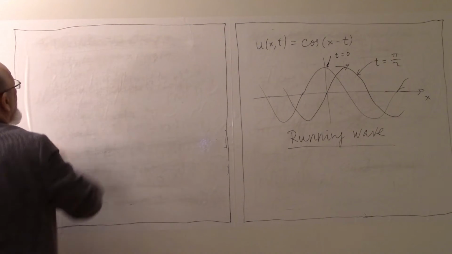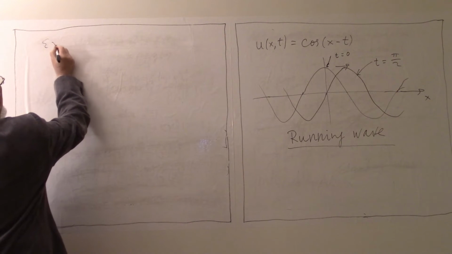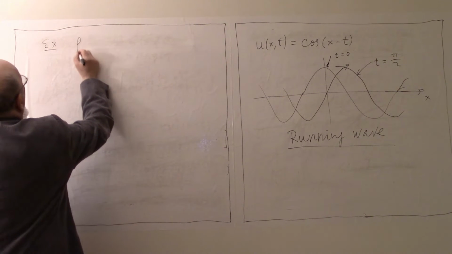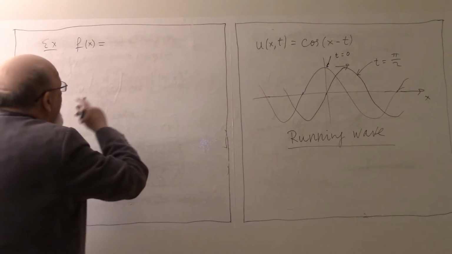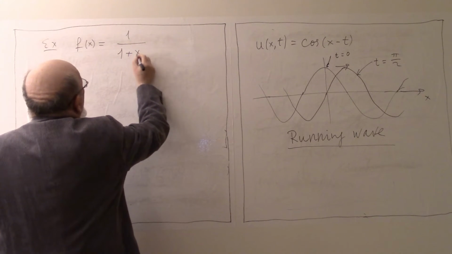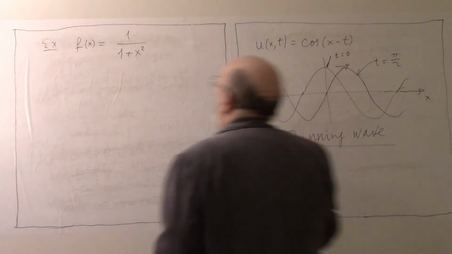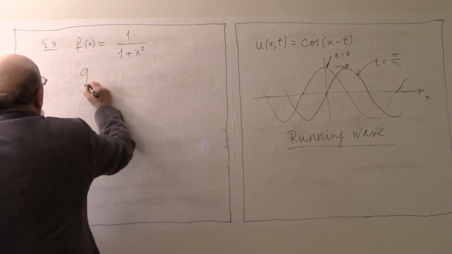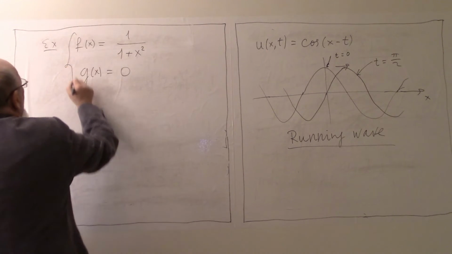So consider another example, f of x equals, say, 1 divided by 1 plus x squared, and g of x equals 0.